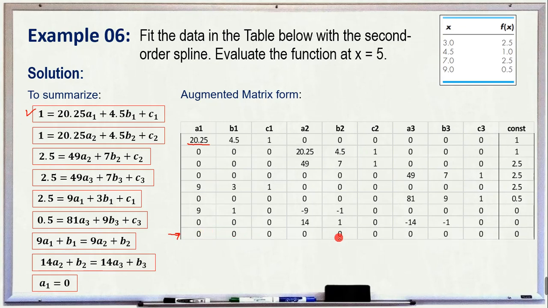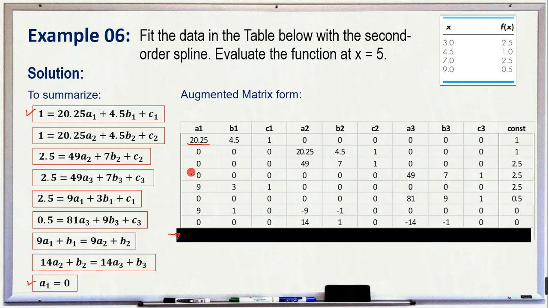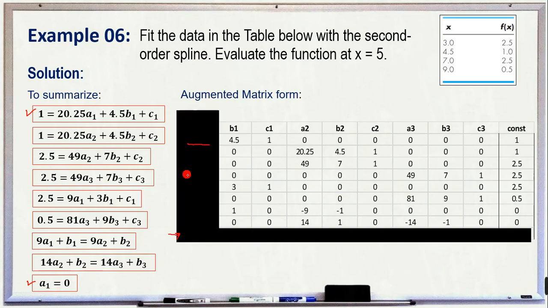This happens because for our last equation we have A1 is equal to 0, so therefore all are also equal to 0. If A1 is equal to 0, we are going to eliminate the first column as well. Okay, so this will be our final augmented matrix form, starting from B1 to C3 and the constant.